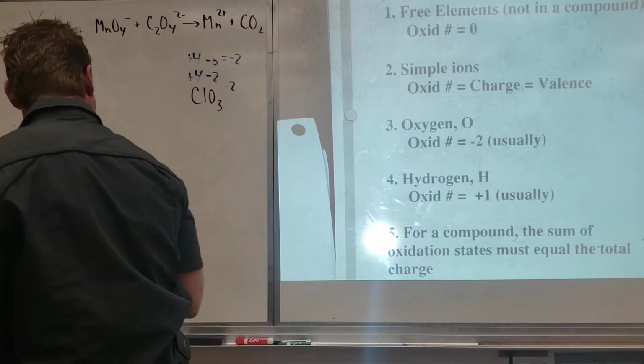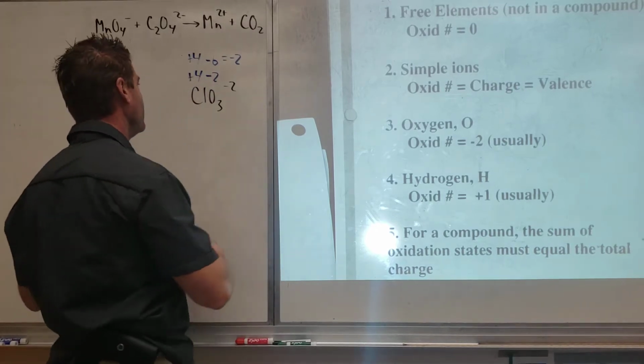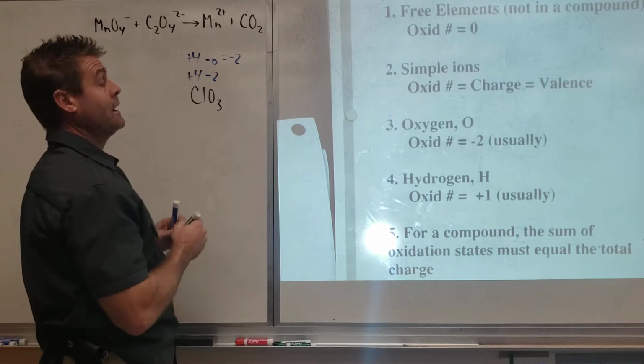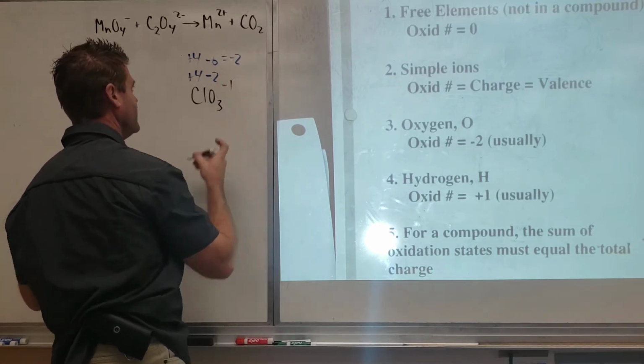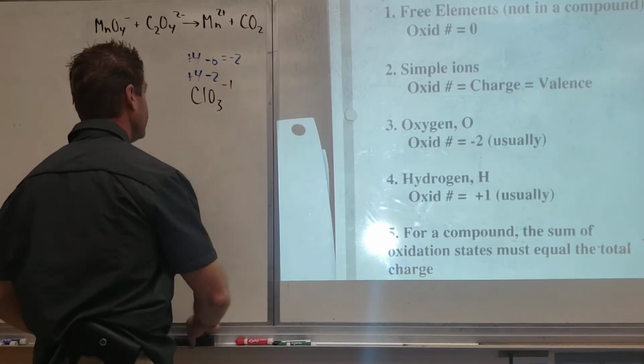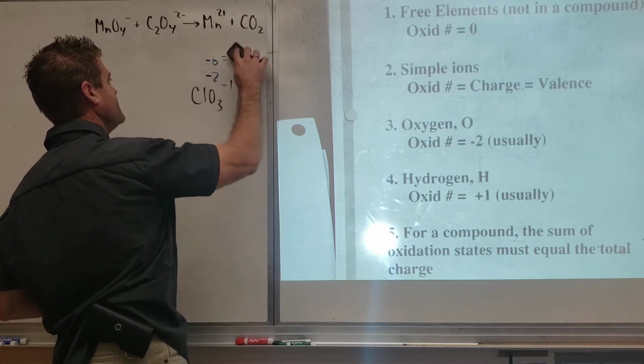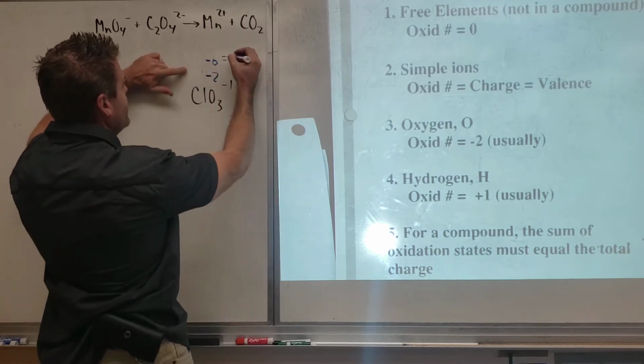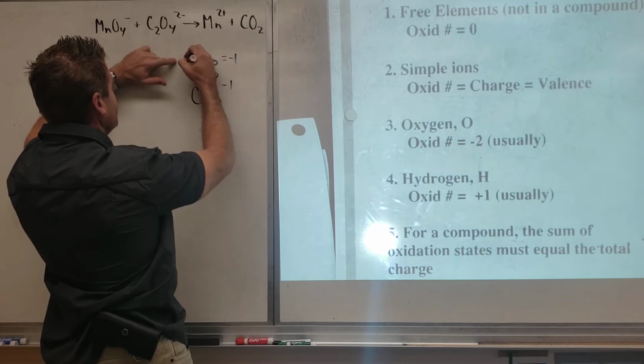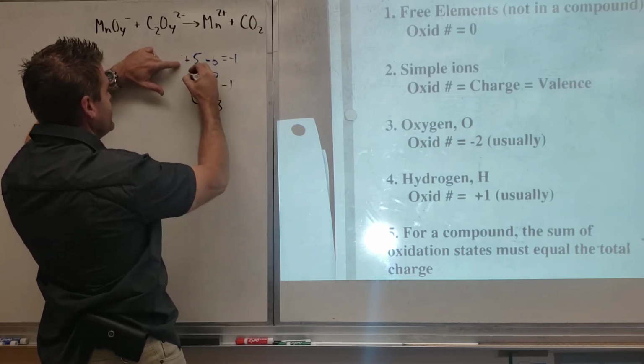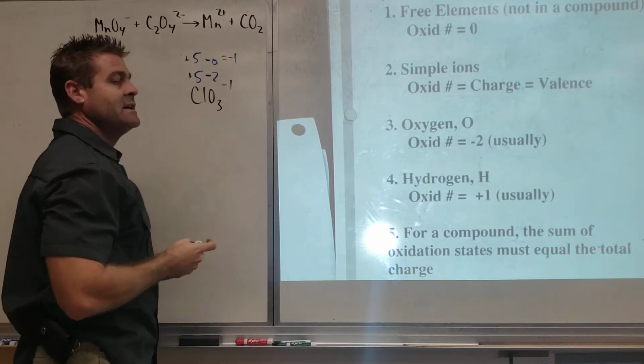Did I do that right? Oh, no, I'm sorry, that's why I messed up. My bad, guys. Chlorate is a -1. Duh. That's why it didn't make sense to me. So the total has to equal -1. What plus -6 equals -1? It's a +5. So the chlorine must have an oxidation number of +5.